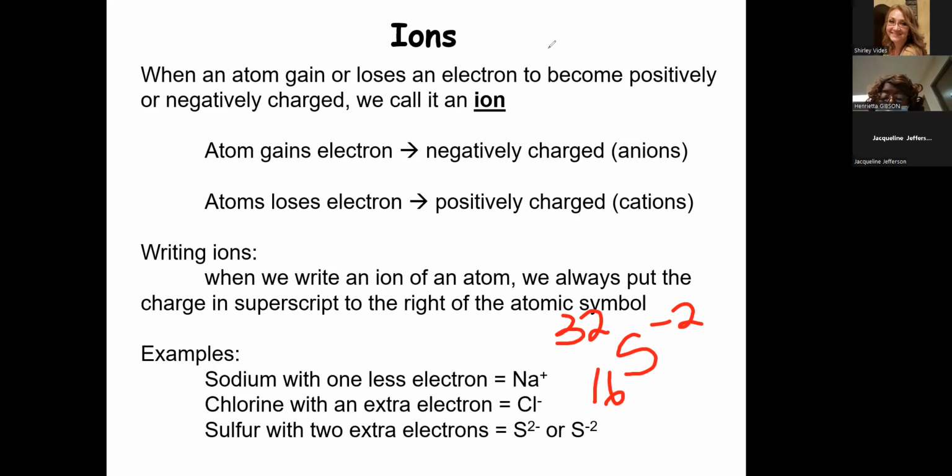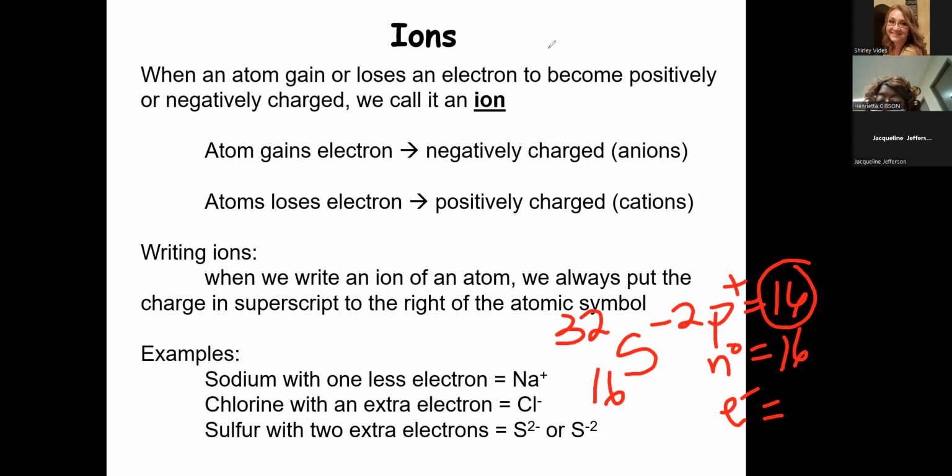So we have 16 protons, right? We have 16 neutrons too, because 32 minus 16 is 16. And how many electrons do we have? Well, we would normally have 16, right? But we gain 2, so we have 18. See that? So that's how we can tell how many electrons, neutrons, and protons there are in an element.